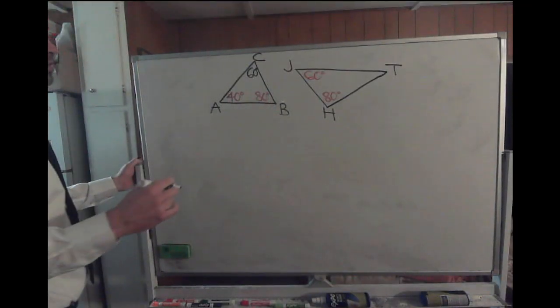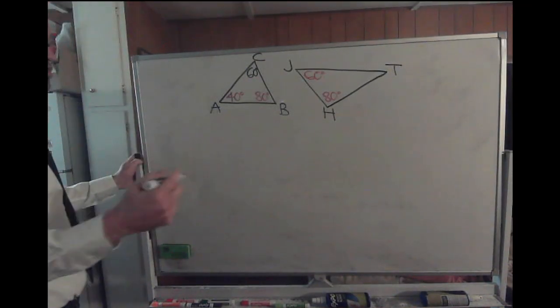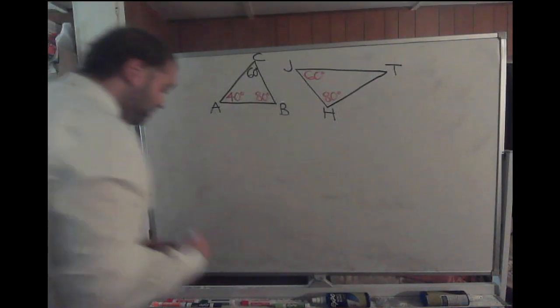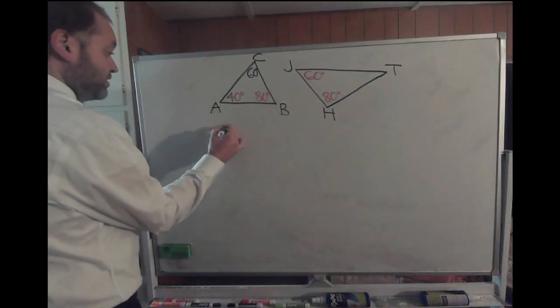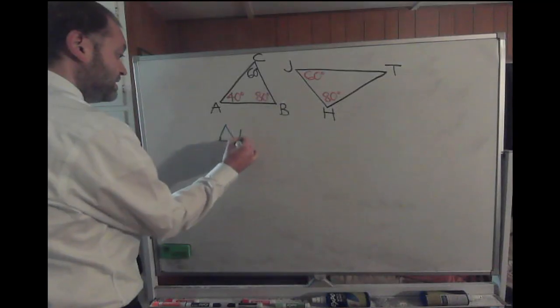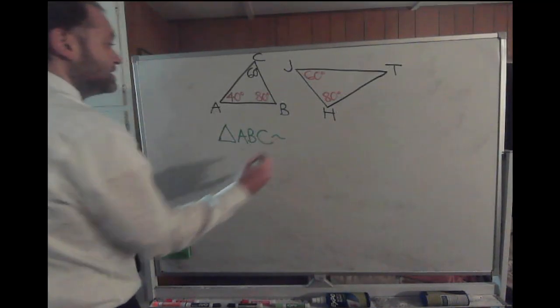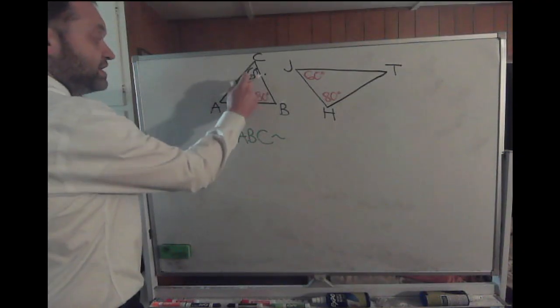And what do you know? You now have two congruent angles between the triangles. So we can actually state that these two triangles are similar. So what triangles are similar? We can say triangle ABC. Triangle ABC is similar to what? We started with the 40-degree angle, then to 80, then to 60.